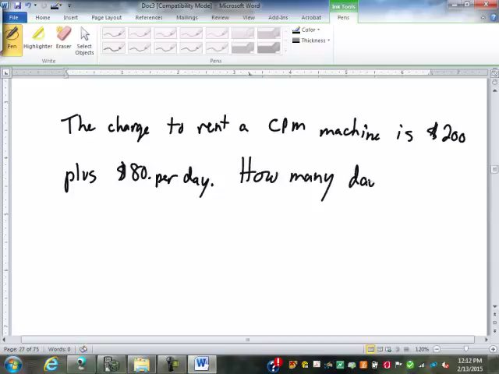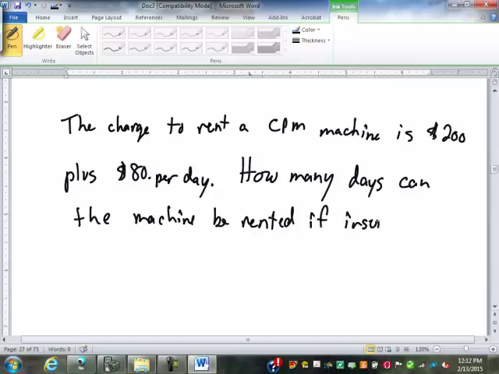How many days can the machine be rented if insurance has a limit, let's say insurance has a $760 limit on the rental.